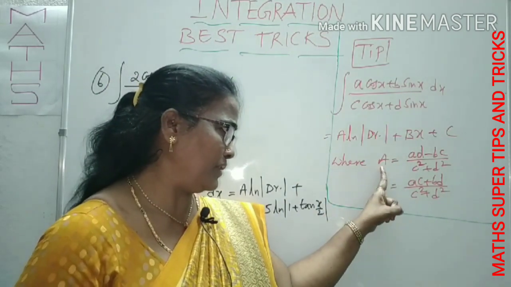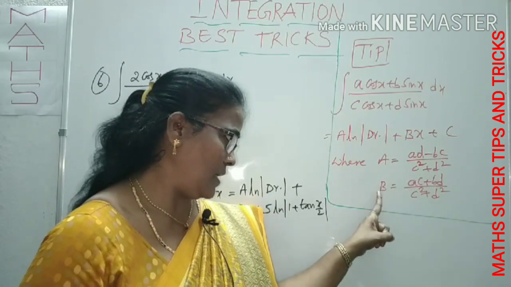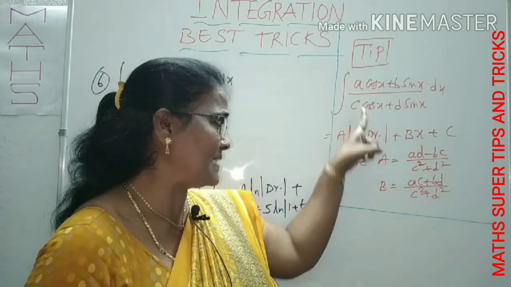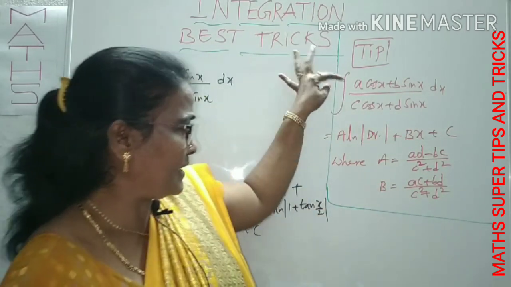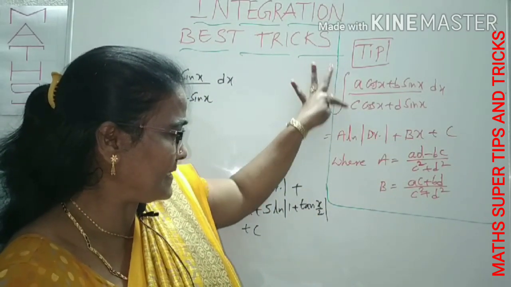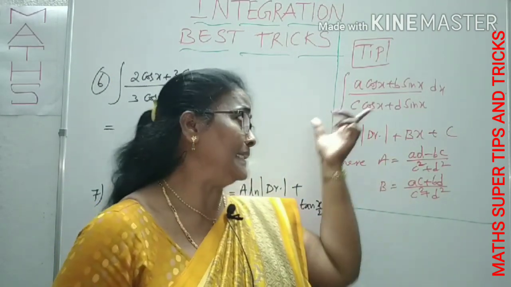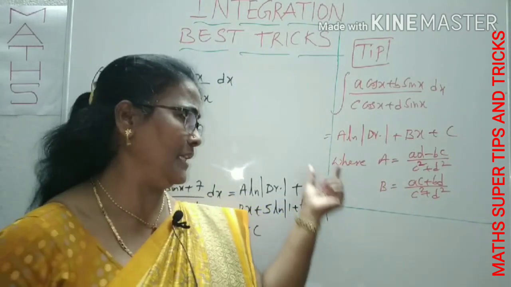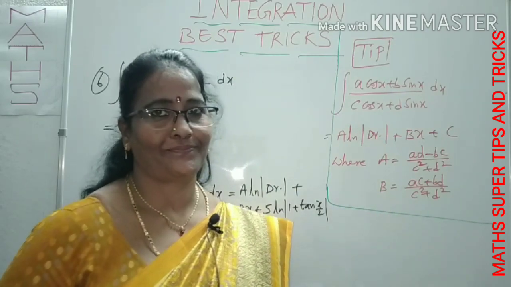Now you can find the value of A by using (ad minus bc) by (c square plus d square). For B, simply remember a into c like this: (ac plus bd) by (c square plus d square). He may ask for the integration, or he may ask for the A and B values, their sum, product, anything from this question.